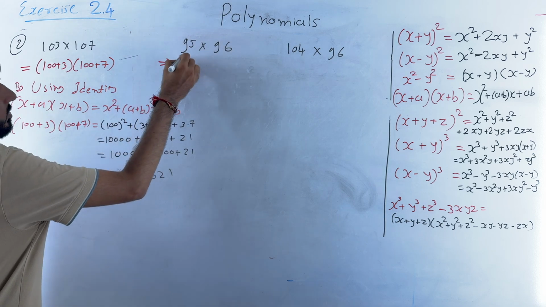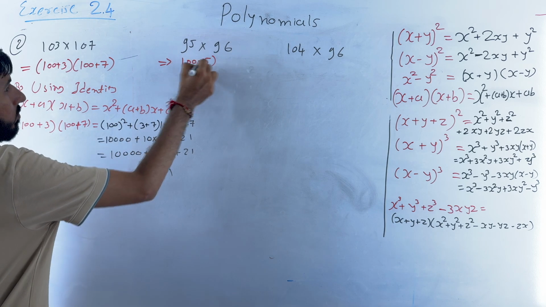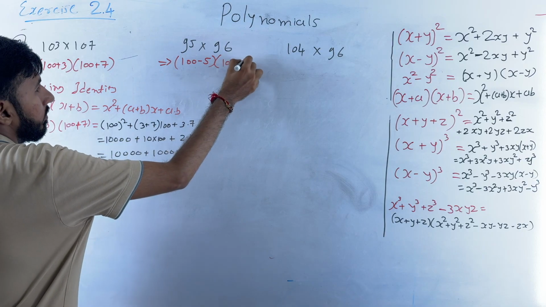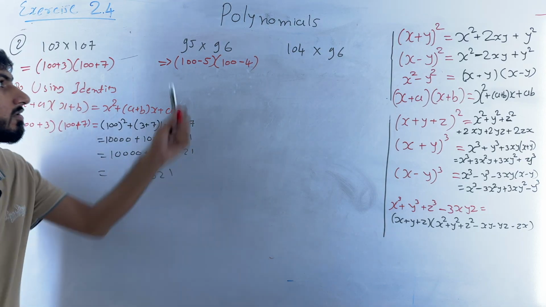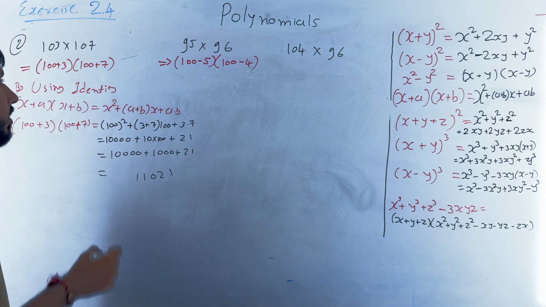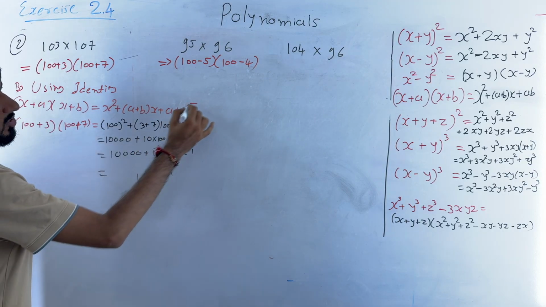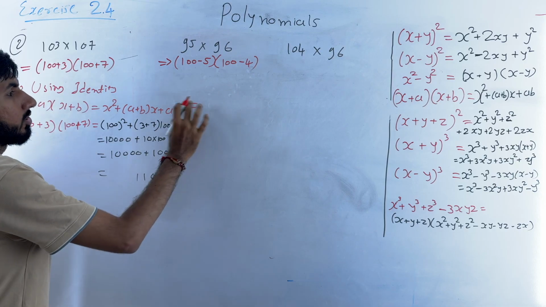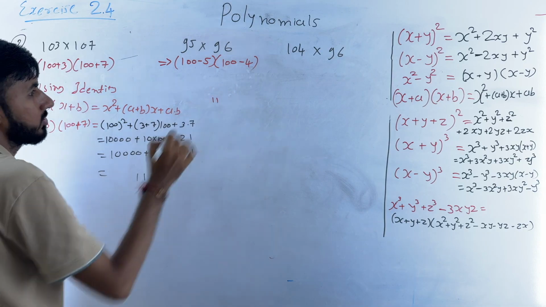So let me write it as 100 minus 5, 100 minus 4, right? I can write 95 is equal to 100 minus 5, 96 is equal to 100 minus 4. Now by using the same identity, so I am not writing here again, you all will understand, right?